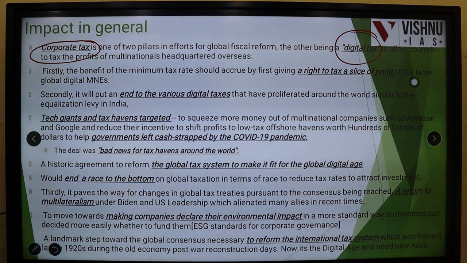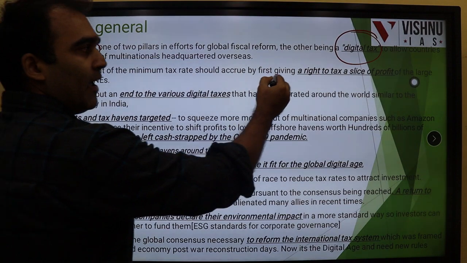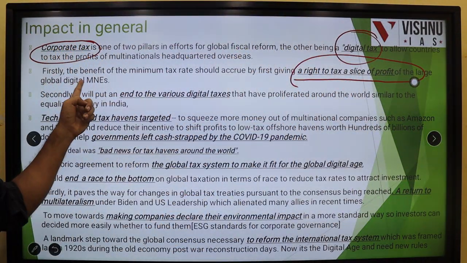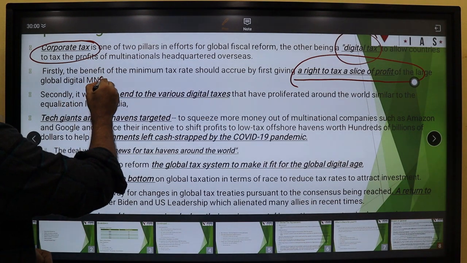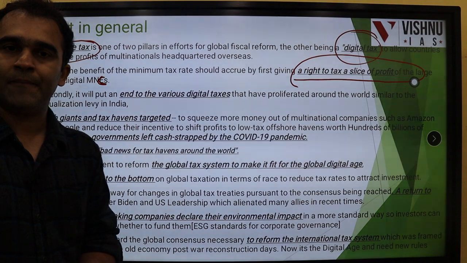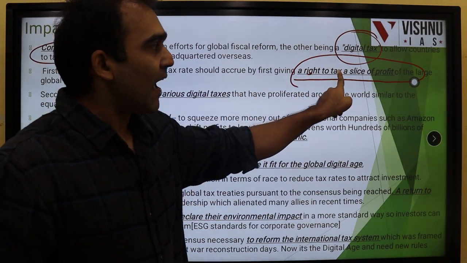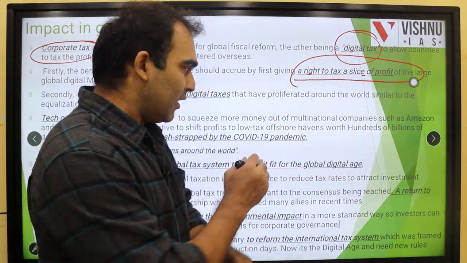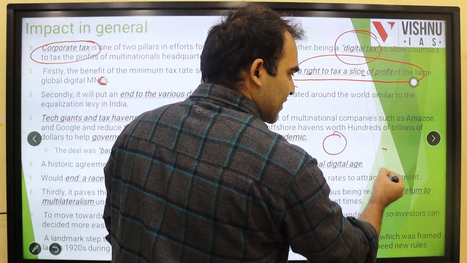So what will happen right now with this particular agreement? Now, a right to tax a slice of the profit of these large MNCs, global digital MNCs like Amazon, Facebook. What was the issue? All these days, there are different countries, right?